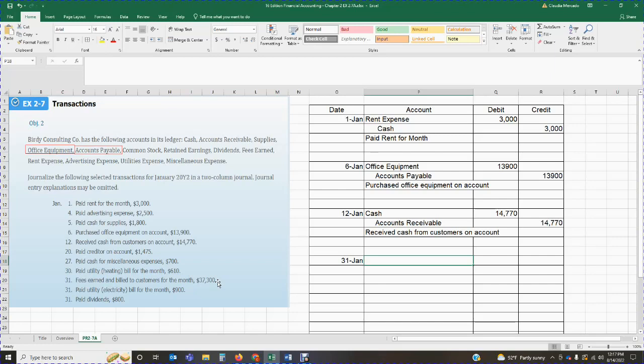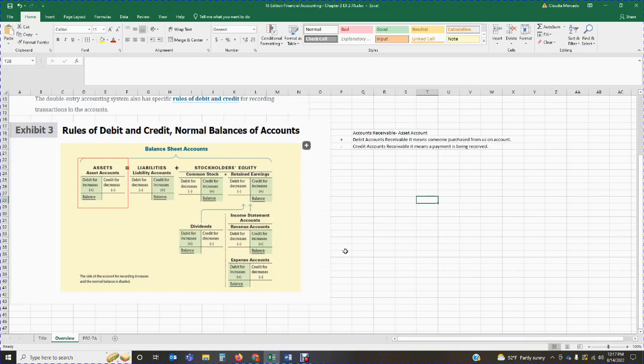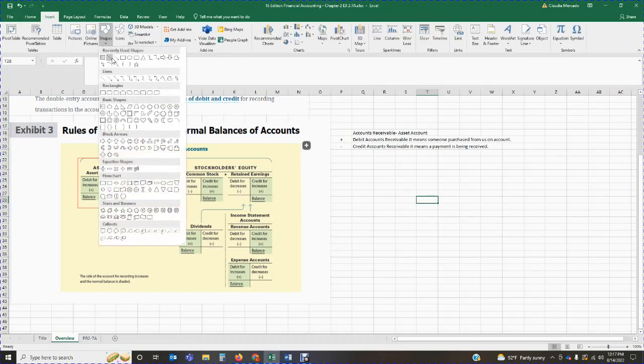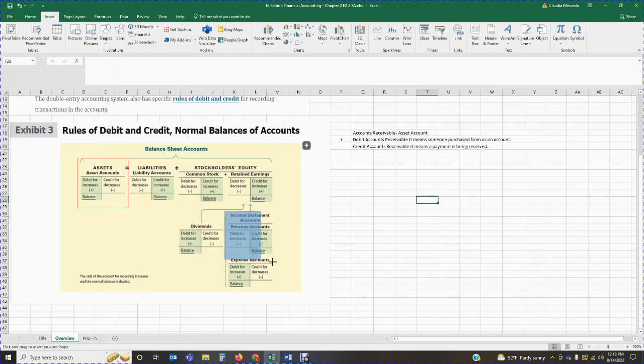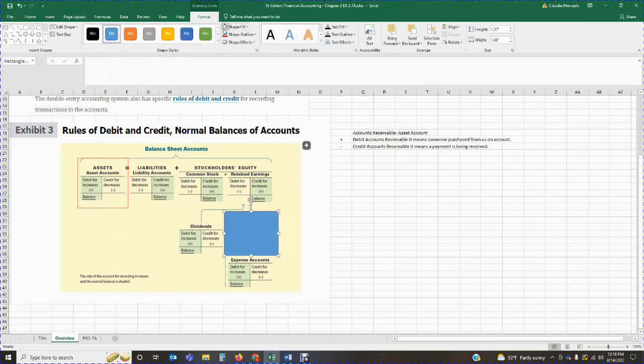They have to have been earned. So fees earned and billed to customers, 37,300. If we perform a service, we generate revenue. We have to record our revenue that we have generated during the month.